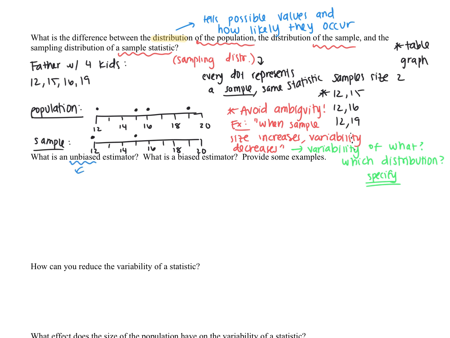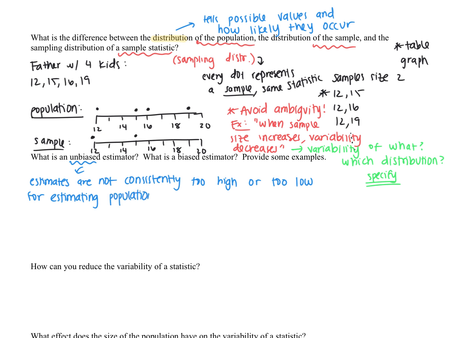Unbiased estimator means these estimates or these statistics are not consistently too high or too low for estimating the population parameter when taking many random samples.